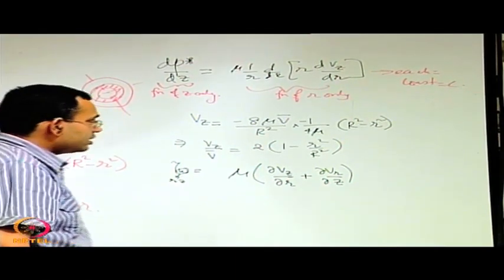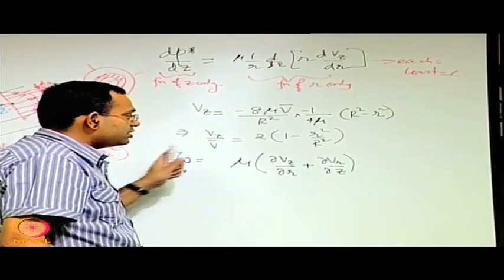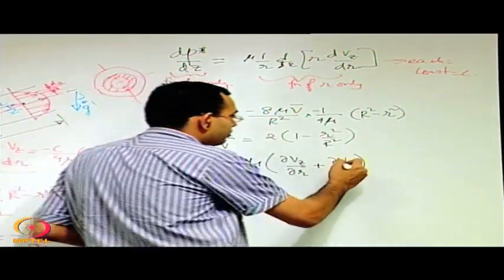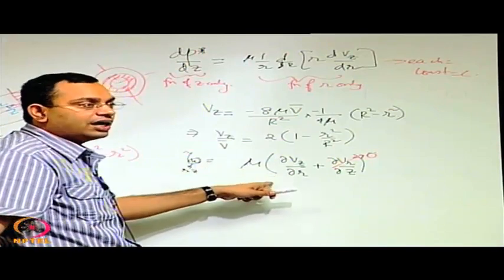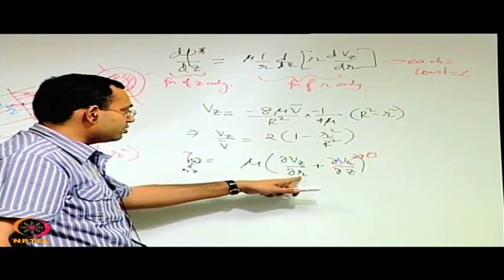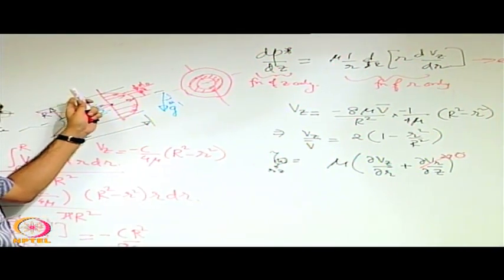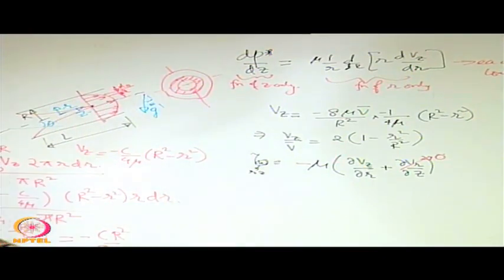Now, one of the important things is positive tau which is like mu du dy. First of all Vr is 0, so this term is not there. So it is just like mu du dy, but the thing is the r direction is towards the solid boundary, it is not away from the solid boundary. So that has to be compensated with a minus sign here.